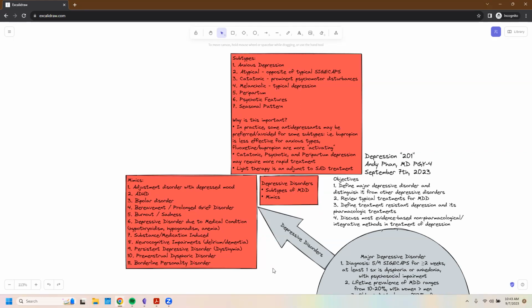It can even have 5 out of the 9 SIGECAPS criteria, but there's no anhedonia and no suicidality or dysphoria, and it will still count. That's where it gets very nuanced.